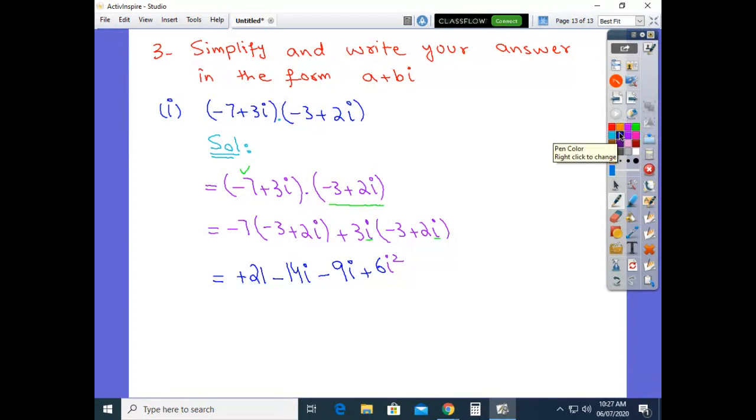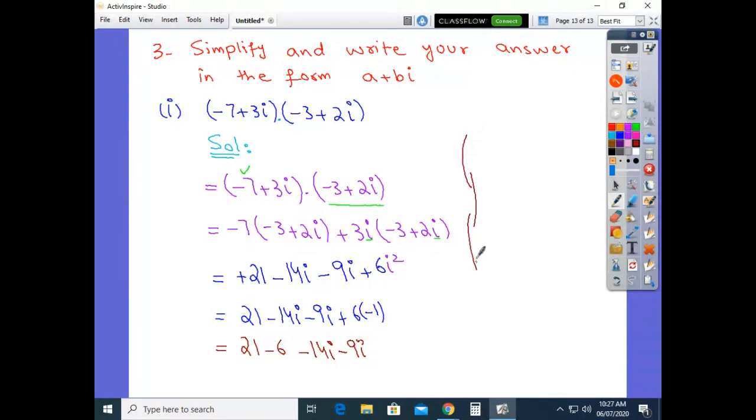Now after more simplification it becomes positive 21, negative 14 iota, negative 9 iota, plus 6 iota square. What is the value of iota square? The value of iota square is negative 1. After more simplification it becomes 21, negative 6, negative 14 iota, negative 9 iota. We rearrange real values with each other.